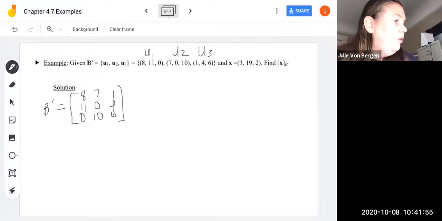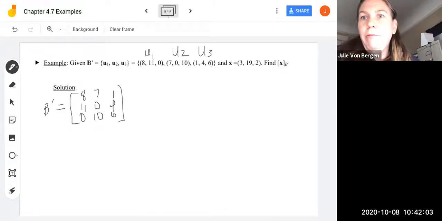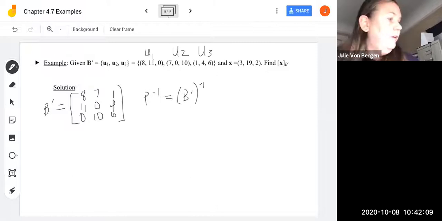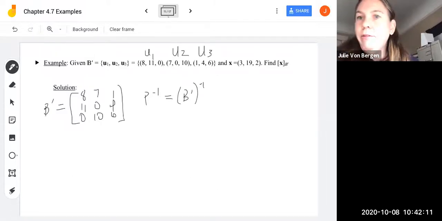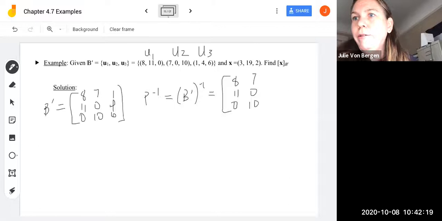And then our transition matrix is going to be this. So then we're going to do P inverse. So what we think about is P inverse is just the inverse of this matrix. So I'm going to just write it as inverse, and then we'll rely on technology to do these calculations for us.